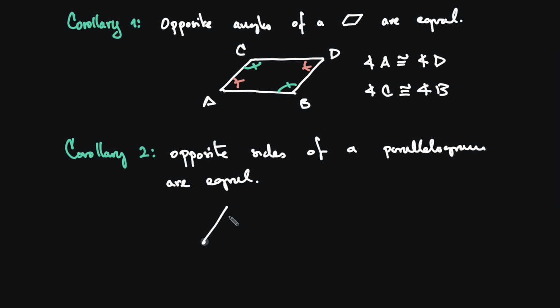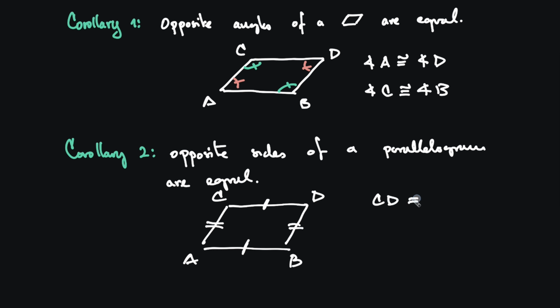If we have this parallelogram A, B, C, D, what this is saying is that this side is congruent with this side, and this side is congruent with this side. So basically we can define that CD is congruent with AB, and that AC is congruent with BD.